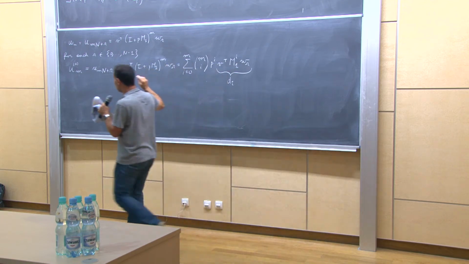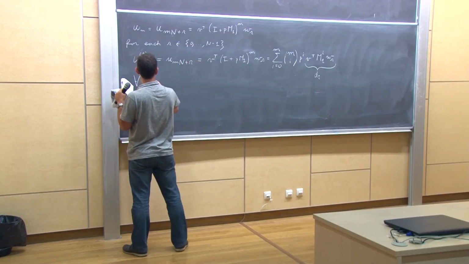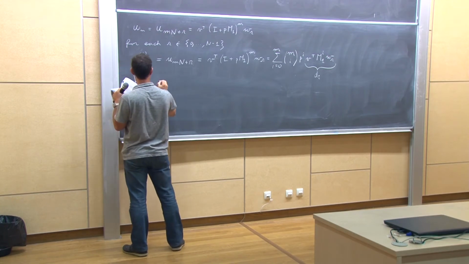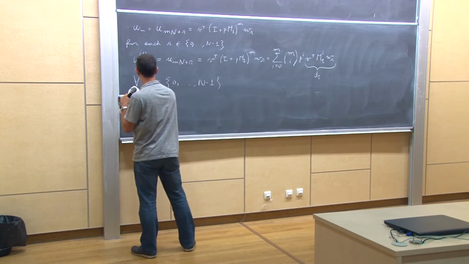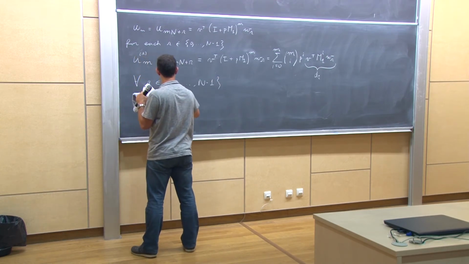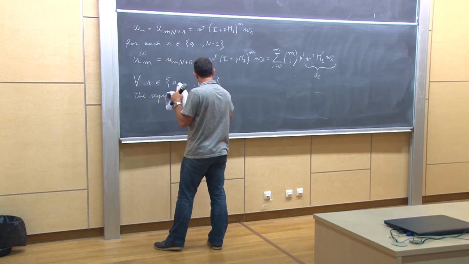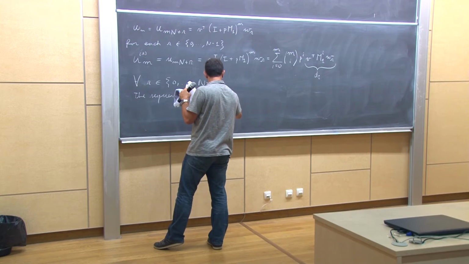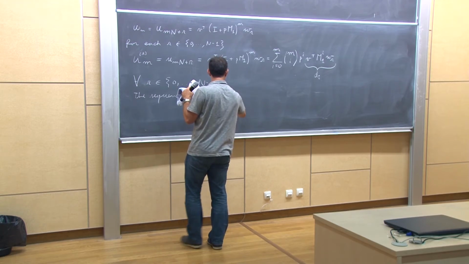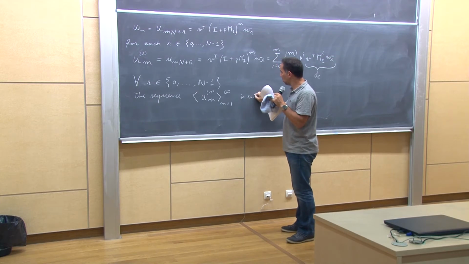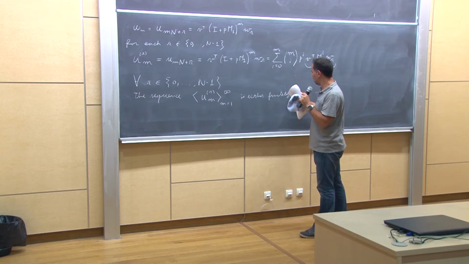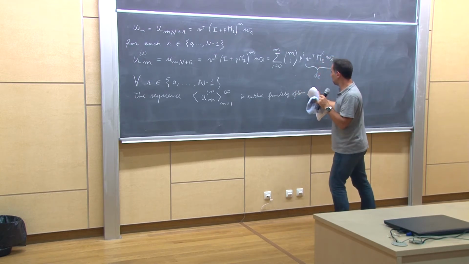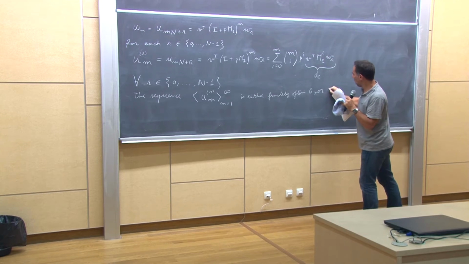So the punchline is, for all r in 0 to N minus 1, the sequence u^r_m, where m goes from 1 to infinity, is either finitely often 0 or identically 0.